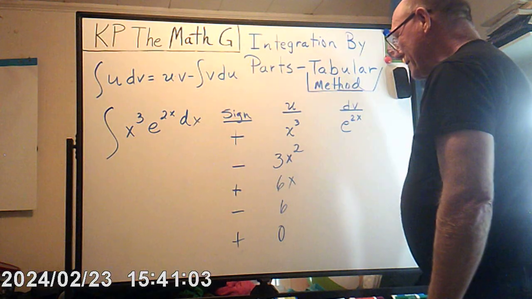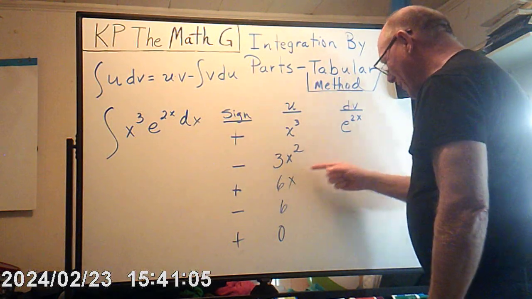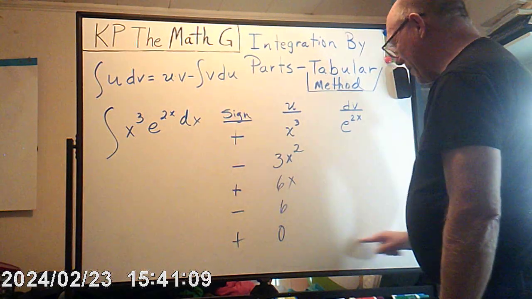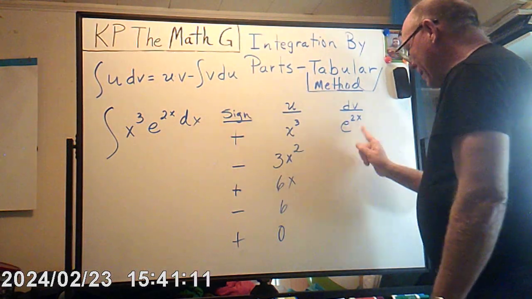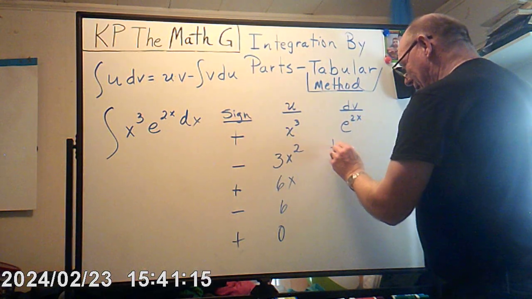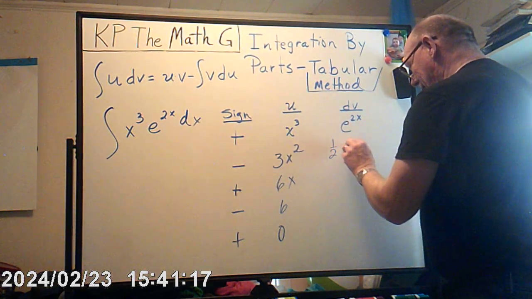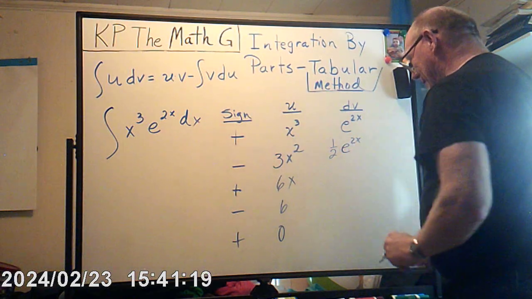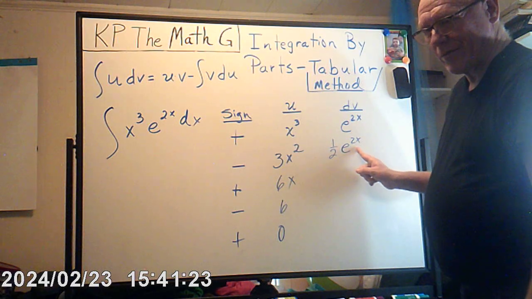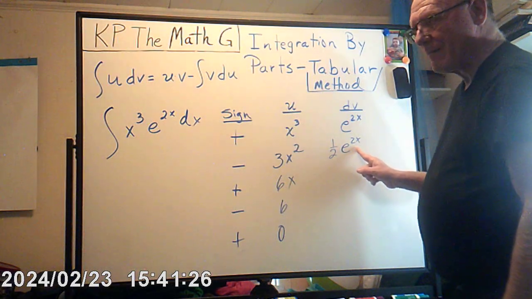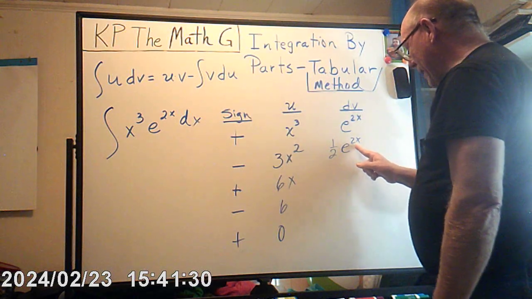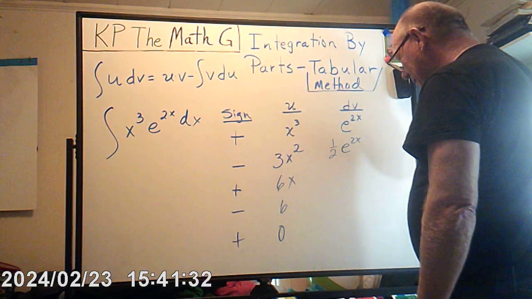Now let's keep on going all the way down to where the 0 is, integrating. If it's a 2, make it a 1/2. E to the 2x doesn't change when you take the antiderivative.